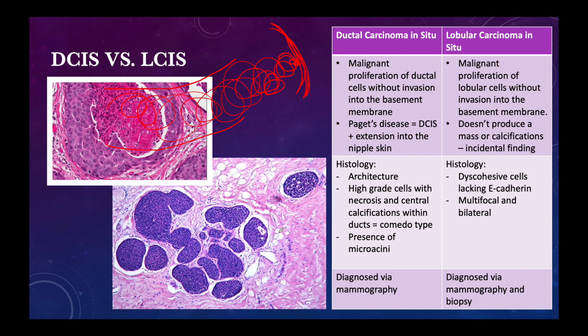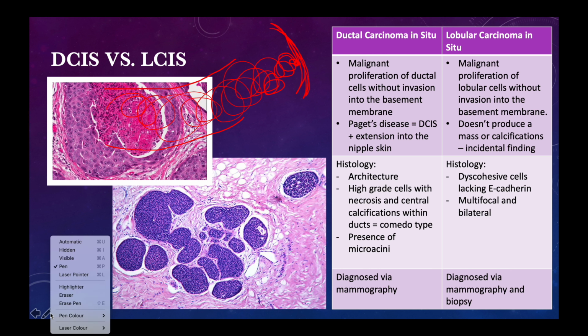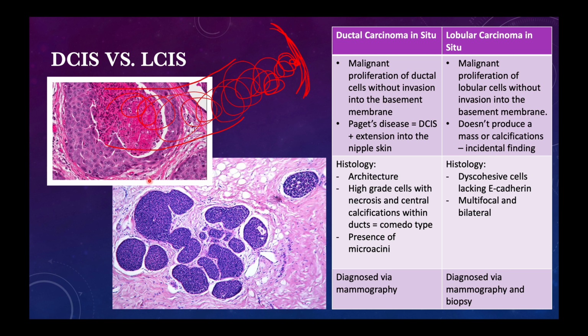Histologically, we describe it according to the architecture of the cancer. And we can see that there's really high grade cells here. Really, really high grade cells. We basically can see how there's central areas of necrosis here, and there is areas of calcification.